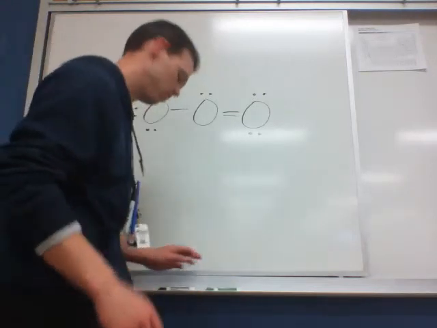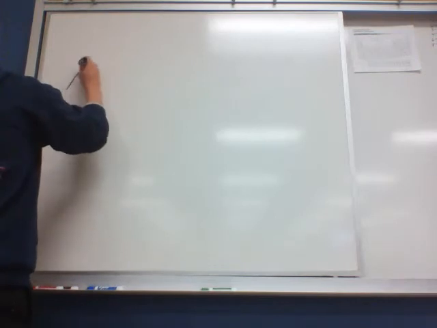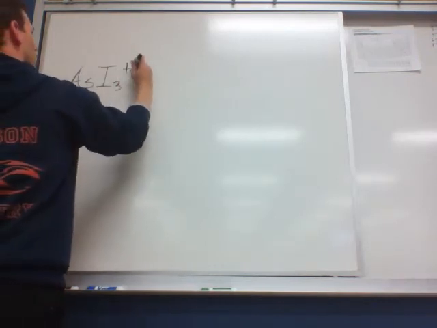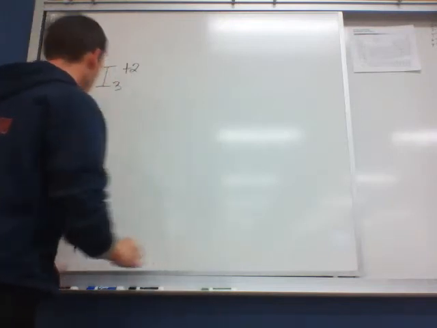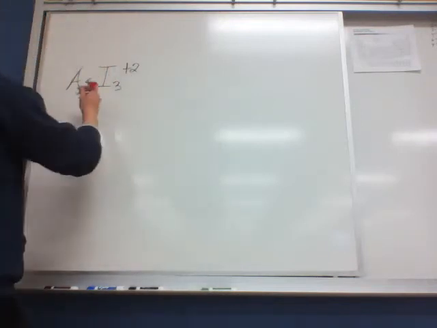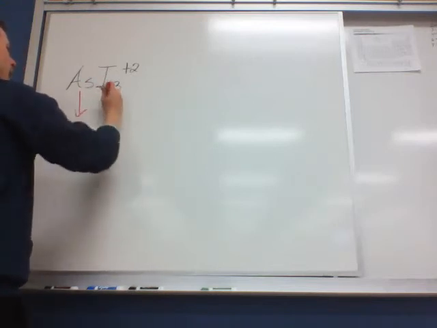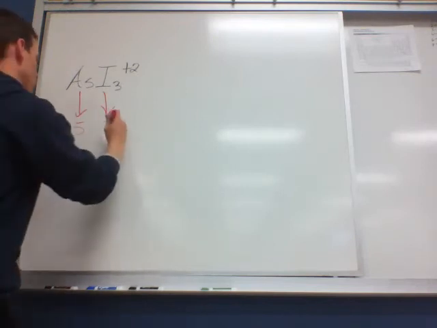Let me show you another one. Here's a funky compound. You're riding with me. All right, arsenic has a valence count of 5. Iodine has a valence count of 7, but there's 3 of them, so that's 21.